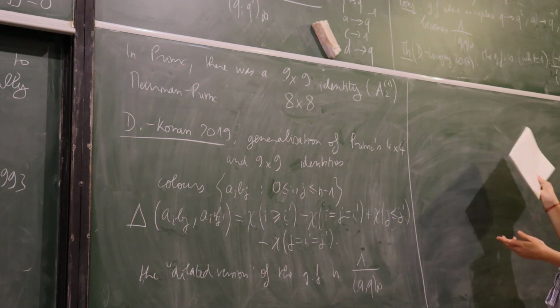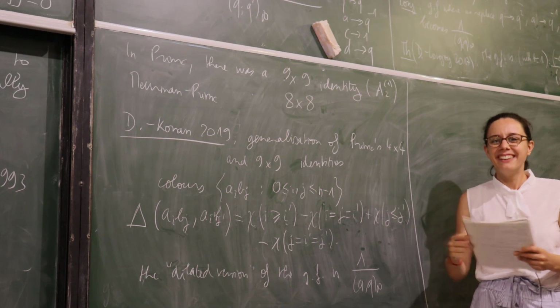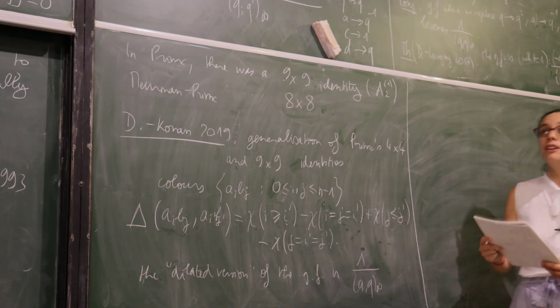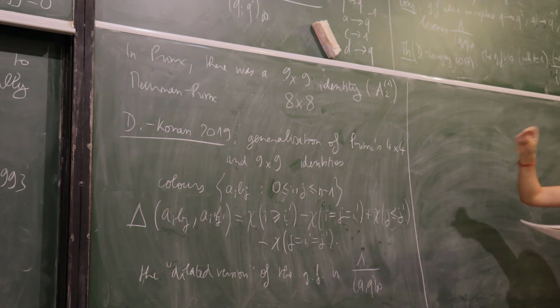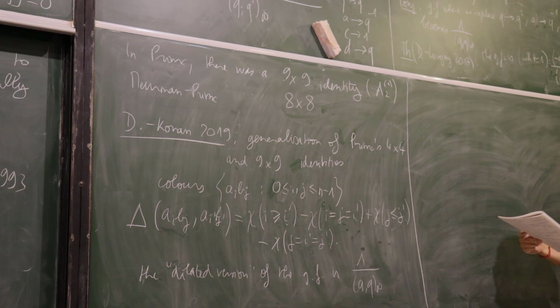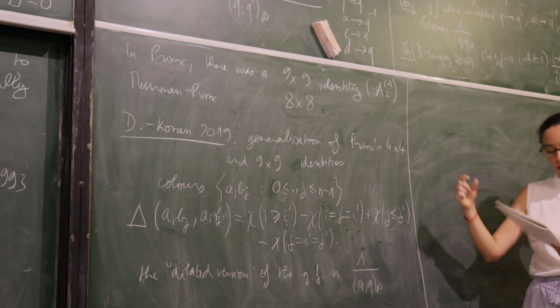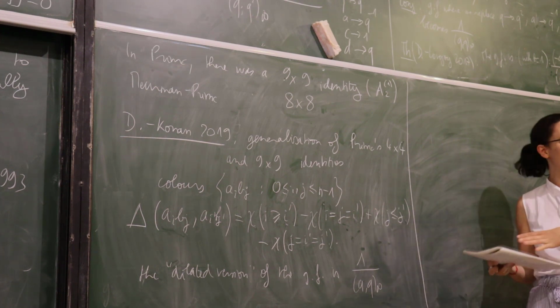And indeed, we were either lucky or math is well done. This is actually the generating function for the level 1 crystal of n-1. And thanks to this, we also tried to work a bit more on the representation theoretic side.